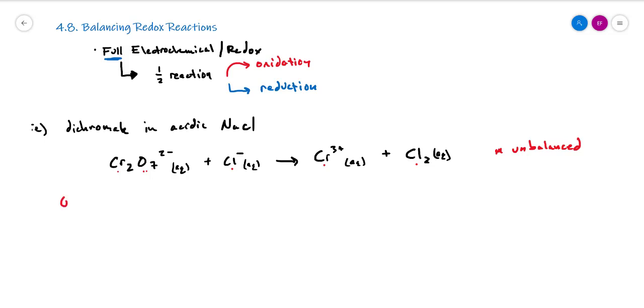So let's first write out the oxidation step, and that's going to require us to assign what's being oxidized and what's being reduced. So let's look at chromium in this case and oxygen, and let's assign some oxidation states here.